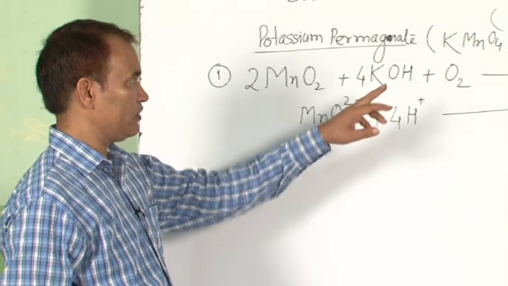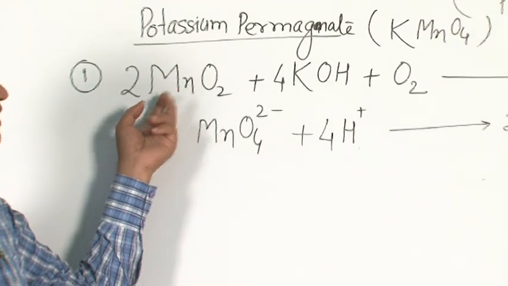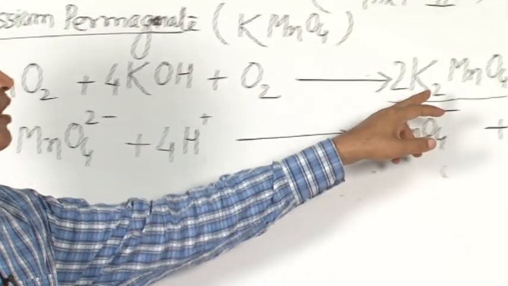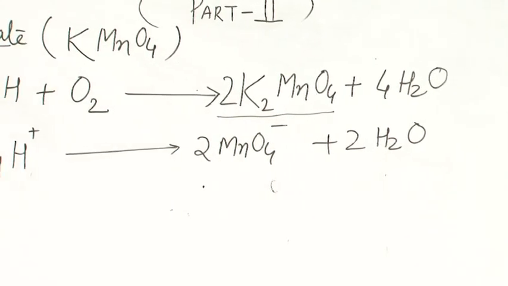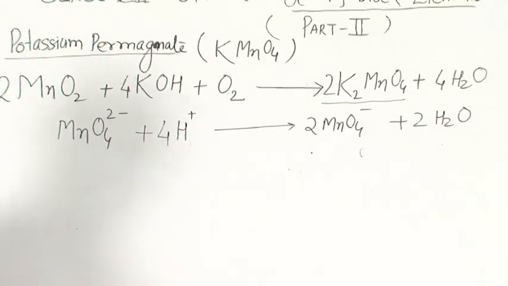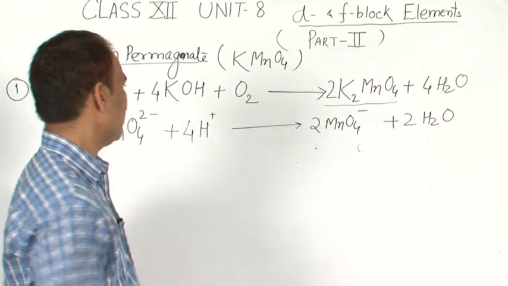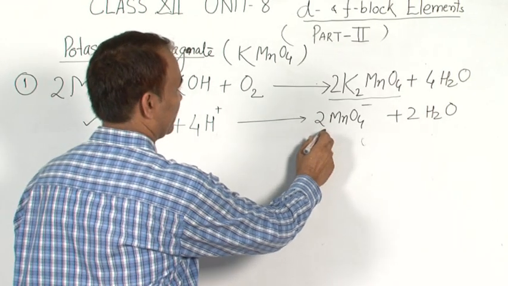Potassium permanganate KMnO4 is prepared by fusion of manganese dioxide with potassium hydroxide in presence of air. First it is converted into potassium manganate, then potassium manganate is hydrolyzed with sulfuric acid to give potassium permanganate. This one is the ionic equation: manganate ion is converted into permanganate.